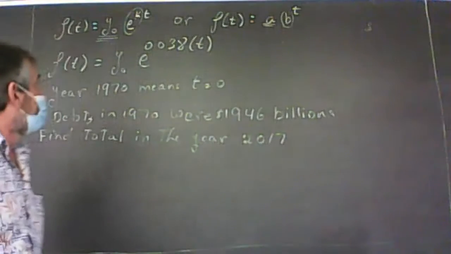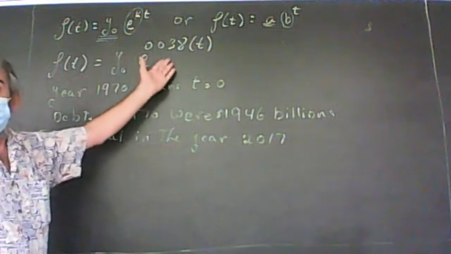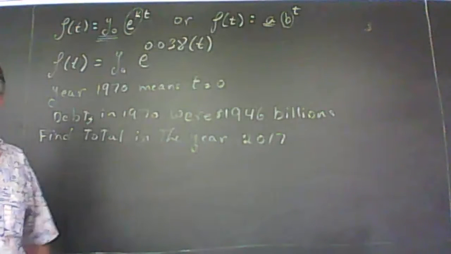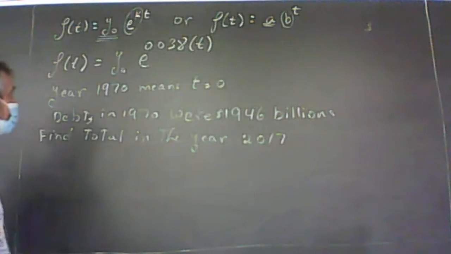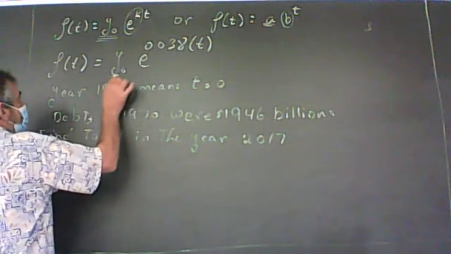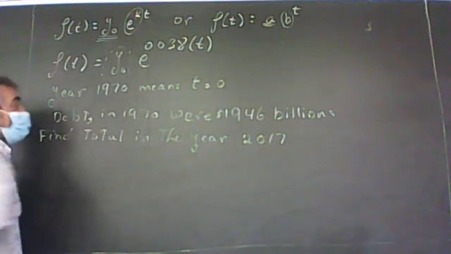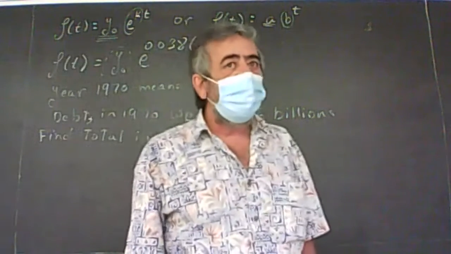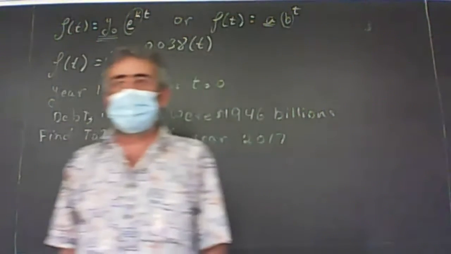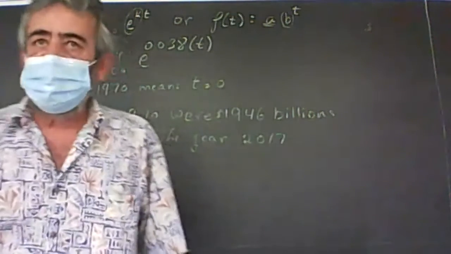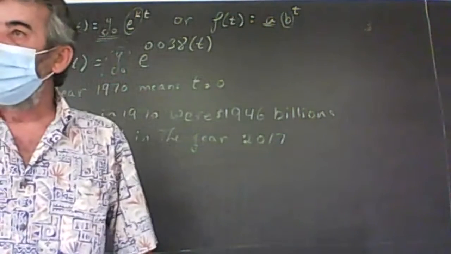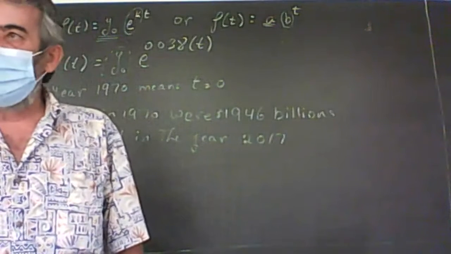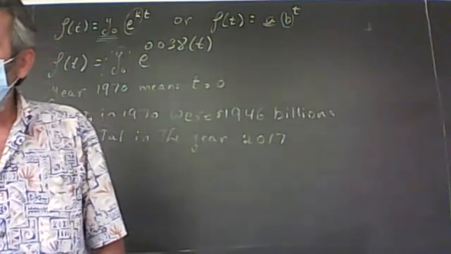But the formula is given, and that's the formula. The formula is missing one value in order for it to be usable. And that value is y0. Yes? And I just explained that y0 in this case would represent the debt at year 0. Yes? So how much was the debt in year 0?